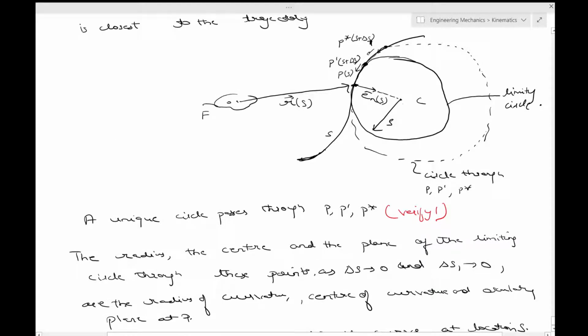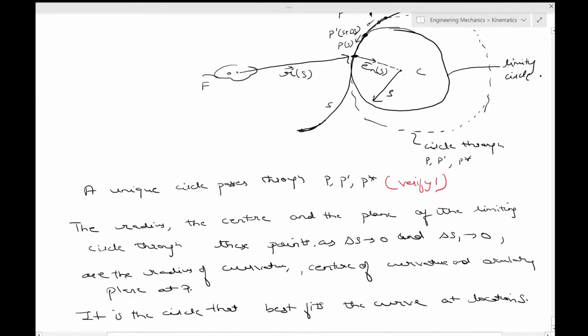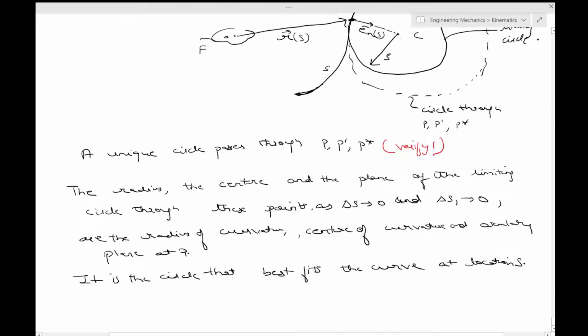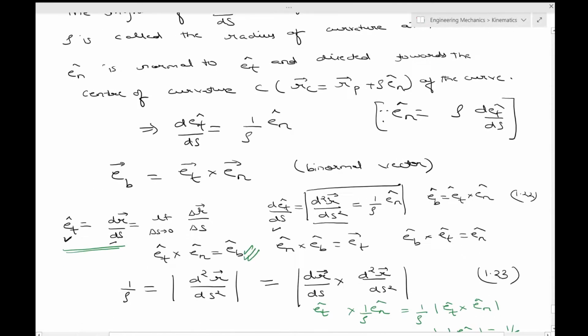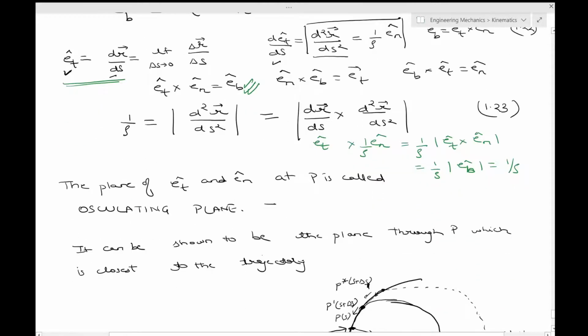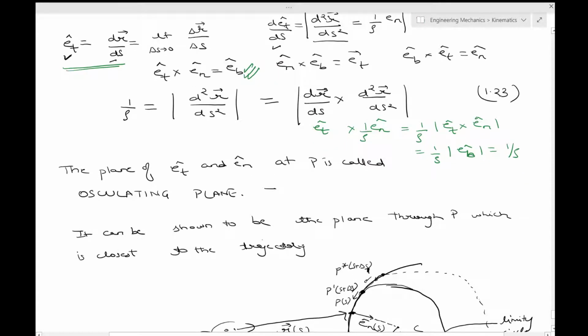And since En is directed towards the center, this direction vector is also defined. Hence you can say that this circle best fits the curve at this location S. That is the claim which we started out to make: it can be shown that this plane is the plane through P which is closest to the trajectory.